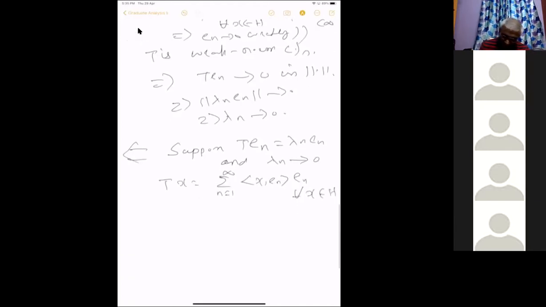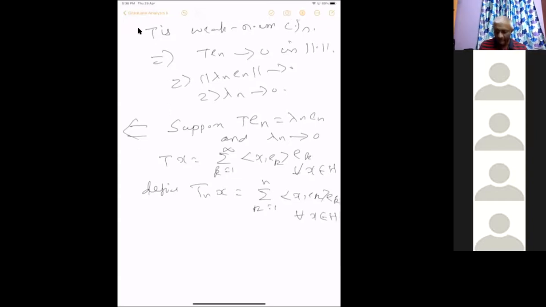Now define T_n of x, maybe you can replace the earlier n by k if you wish, equal to the summation k equal to 1 up to n of lambda_k times the inner product of x with e_k times e_k, for all x.